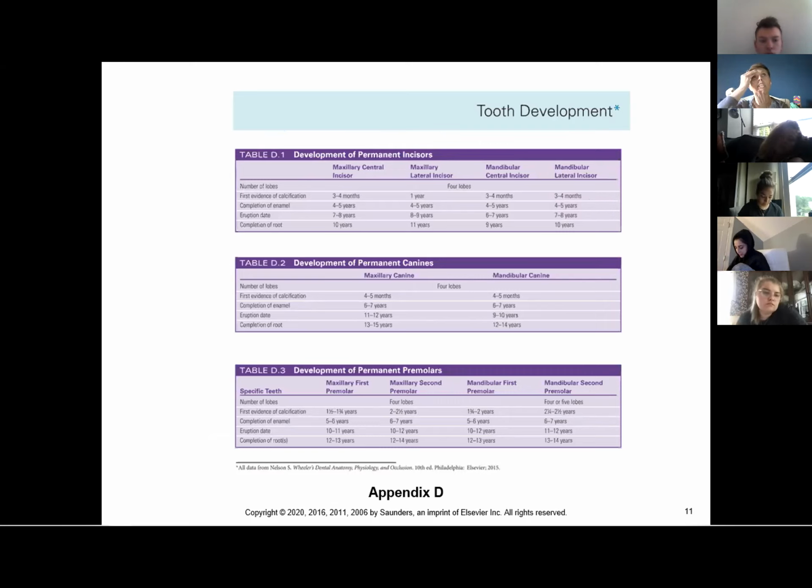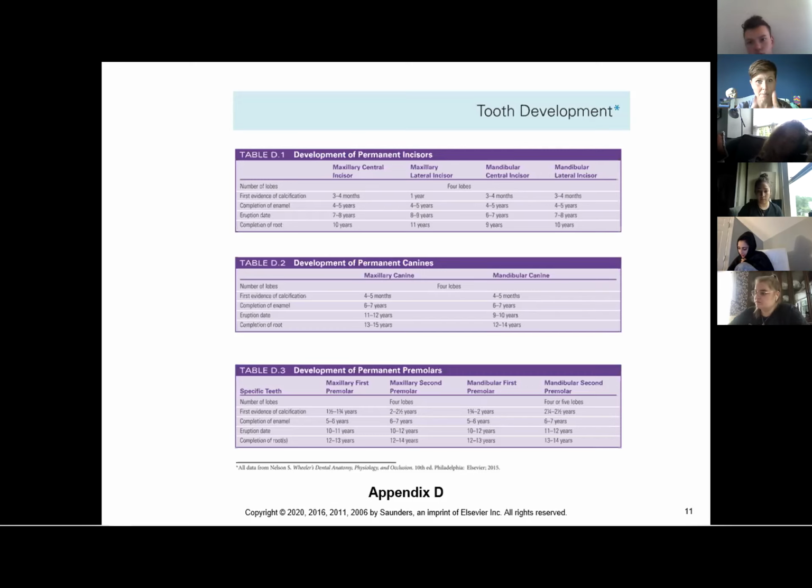And if you've ever seen a kid grow in their front teeth, or if you remember having the eruption of your front teeth, they have those little bumps on the edge. Those bumps are called mamelons, and they're where the teeth grow in these little lobes and they come together.